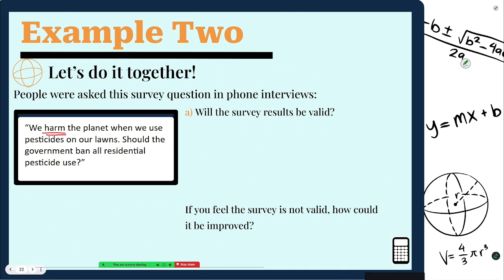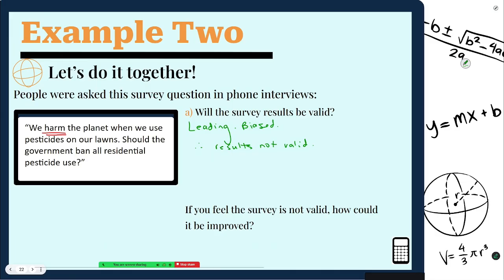Well, obviously, because you don't want to look like somebody who's a planet killer. So you have to be careful when wording, because this wording is very leading. It's leading, it's biased. Therefore, the results are not valid.